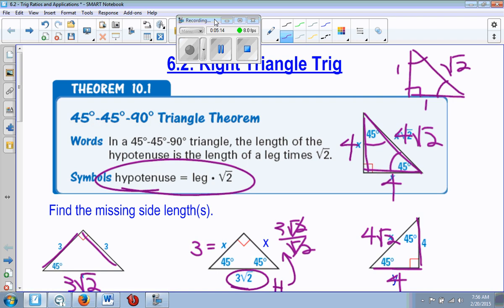So when we look at a 45-45-90, I want you to have the idea that it's a 1, 1, root 2. And we'll talk more about why that is when we get into the next unit. But for now, I just want to bring that up so that when I bring it up again, you can remember that I said that.